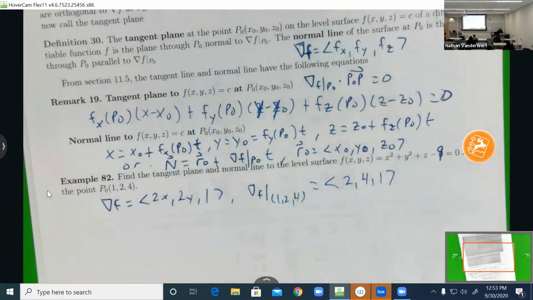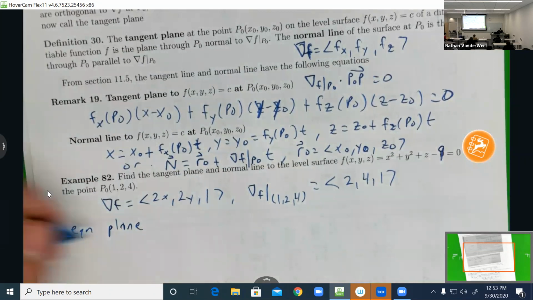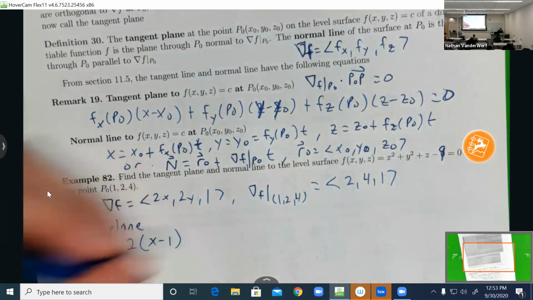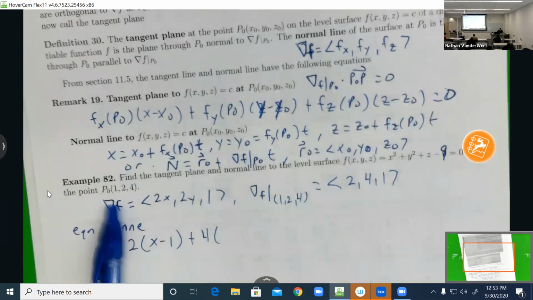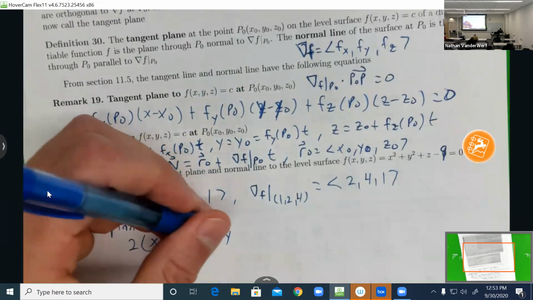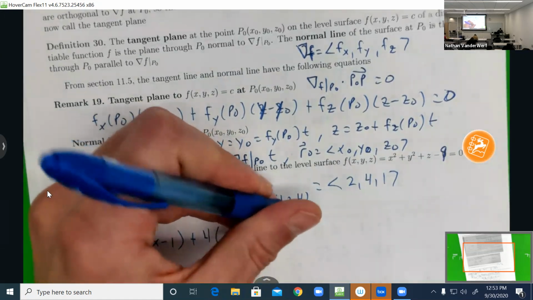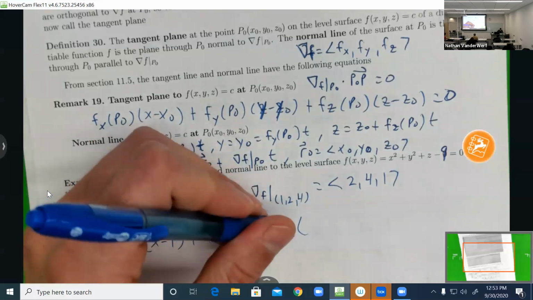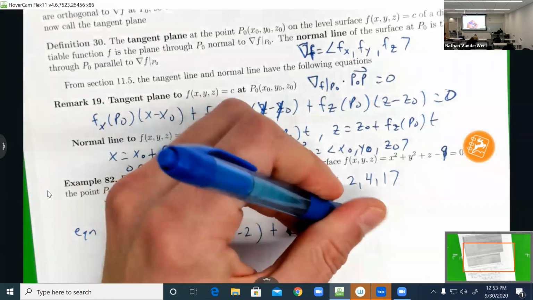Therefore the equation for the plane is going to be 2 times (x minus 1) plus 4 times (y minus 2) plus 1 times (z minus 4) equals 0.